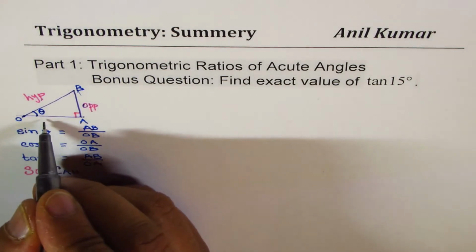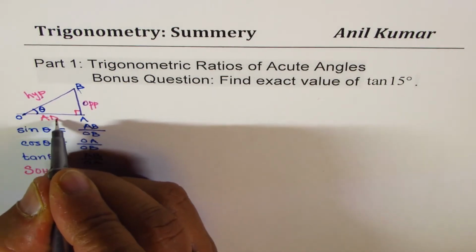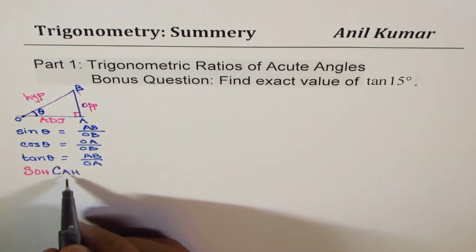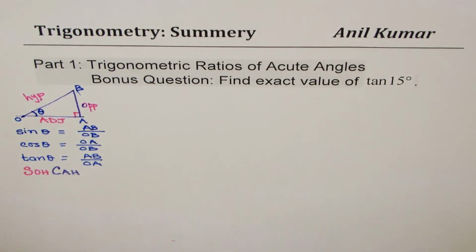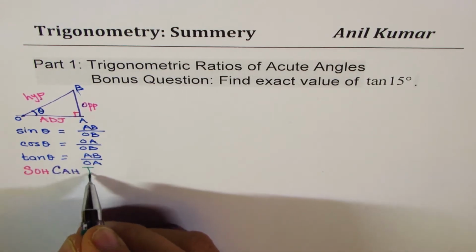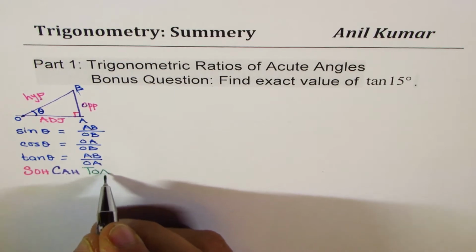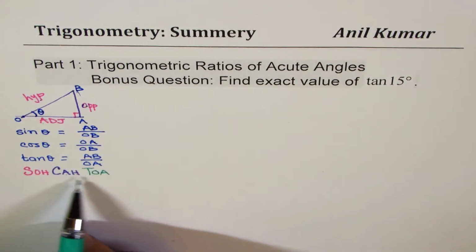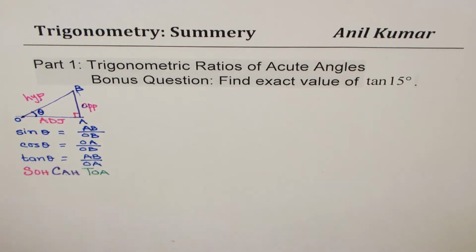So this side is called adjacent side. Let me write down the same ink, adjacent. Adjacent over hypotenuse, this ratio. And as far as tan is concerned, tan is written as opposite over adjacent. So that's the acronym to remember the ratios sine, cosine and tan.